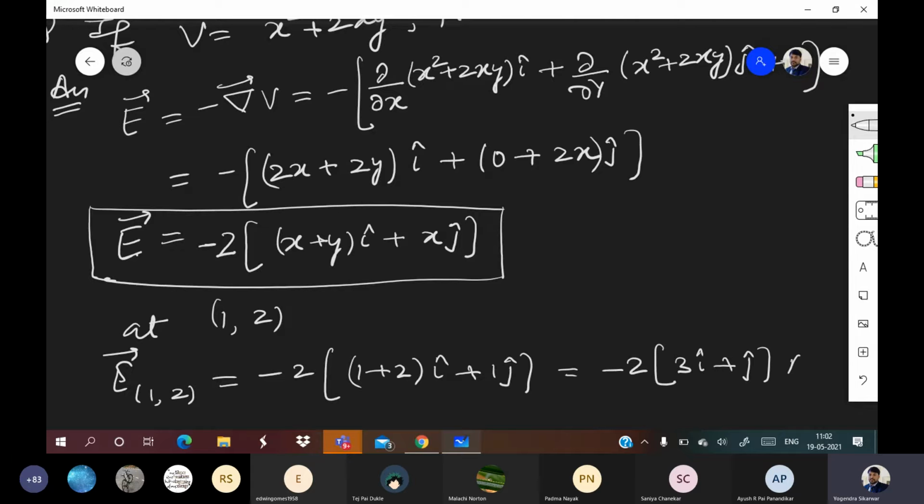That is the answer. If you are taking 2 inside, that will be minus 6 i cap plus 2 j cap.